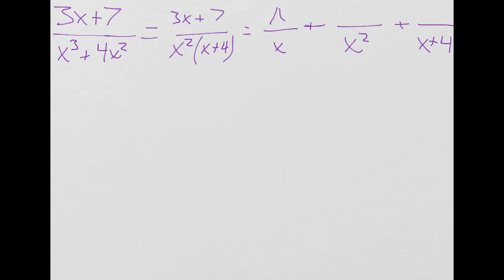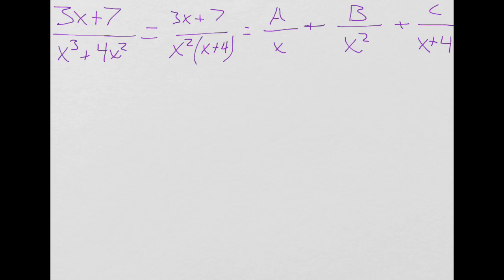We're going to get an A numerator, B numerator, and C numerator, all values that we don't know. So, let's go ahead and use our cover-up method and say, if I plug in these values, what do I get? But before I can do that, let's get rid of these ugly denominators.